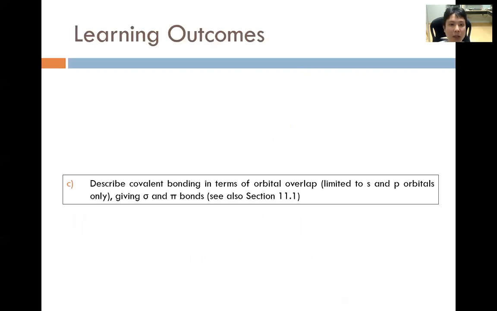Okay, so again, the learning outcome is to describe covalent bonding in terms of orbital overlap. In order for a covalent bond to form, orbitals need to overlap, and they will put the electrons in the overlap space for the covalent bond to form. However, certain molecules are unable to overlap in a way that forms the correct ideal bond angle.